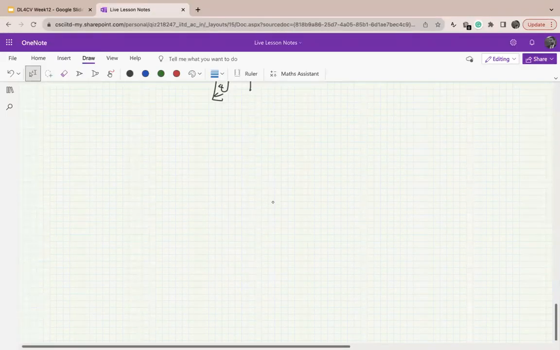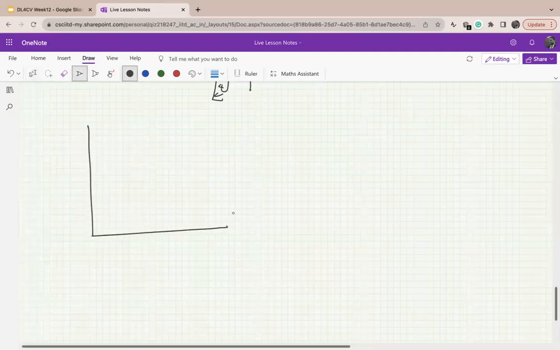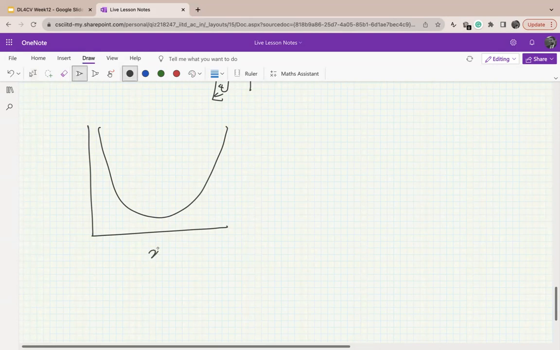So what FGSM said is, we have a curve here. So we have x, we have loss here. Let's say the initial value of x is here.